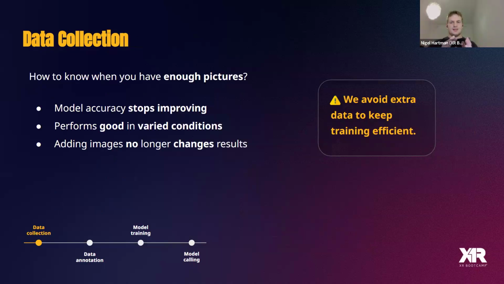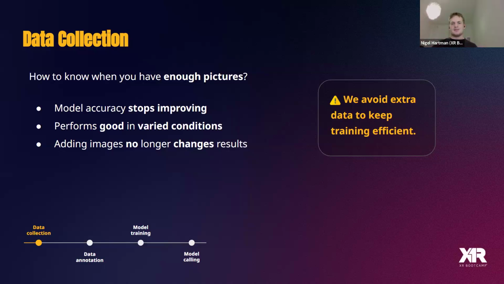So how do we know when we have enough pictures of what we want to train our model for? For example, the accuracy, so how good our model is at seeing the things, stops improving at some point, but that part is also taken care of by Roboflow. You will see whether the model performs really well in different conditions.